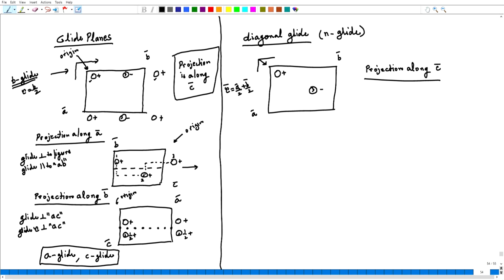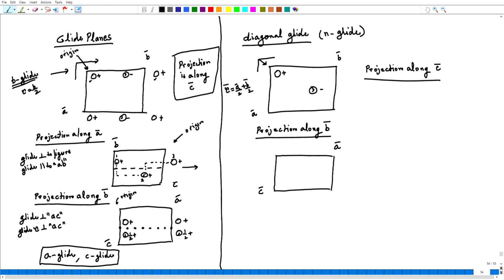Now, let us take a projection along B. So, projection along B, let me draw this. Same diagonal glide. So, basically I have the AC plane in this case, and the B vector is normal to the AC plane. Now, where is the glide plane?